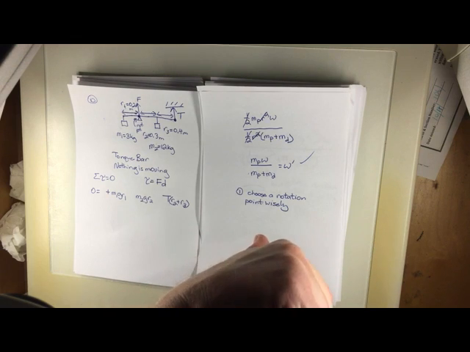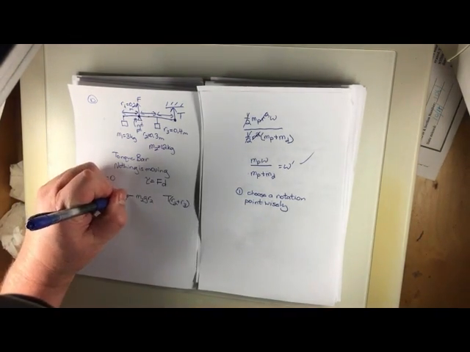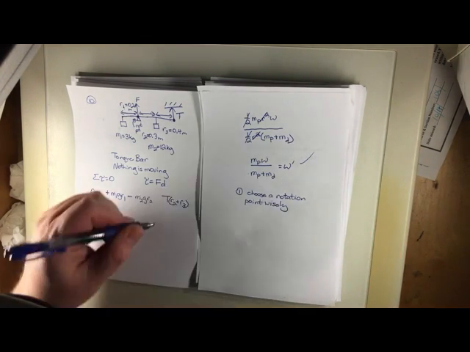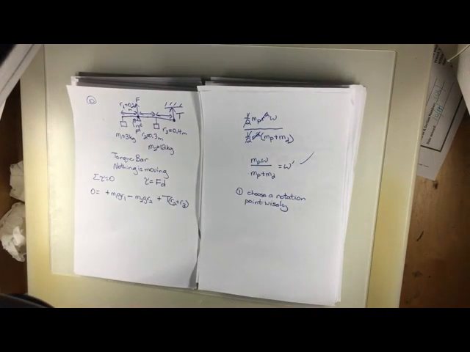M2G is to the right. Force is down. Thumb goes into the page, or negative. Tension is to the right, but in this case, the tension is up. Thumb out of the page, or positive. So that's why we choose positive, negative, positive as our signs.